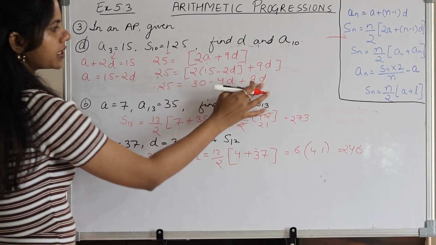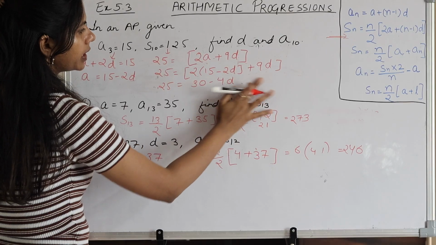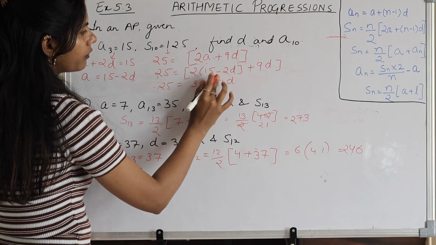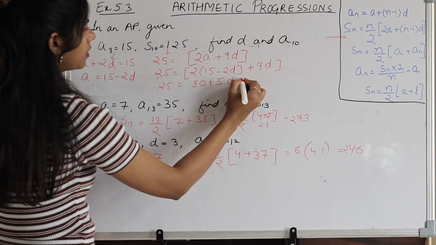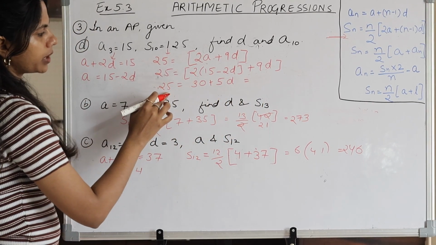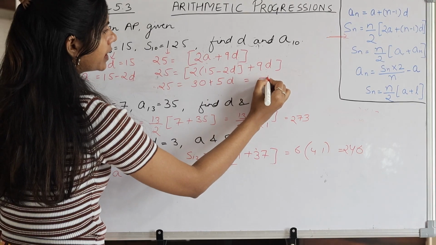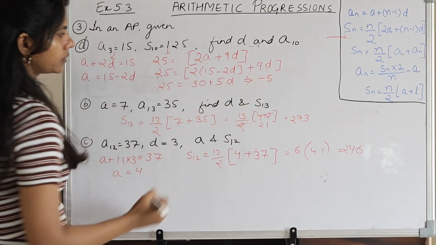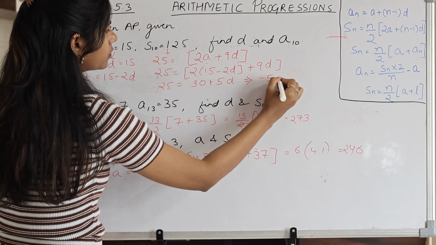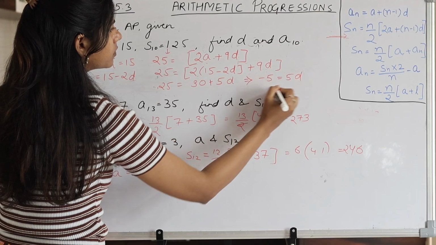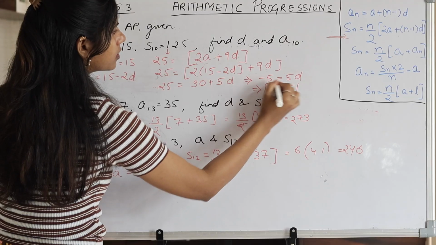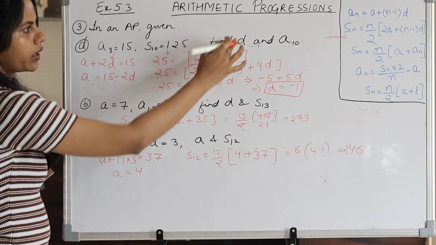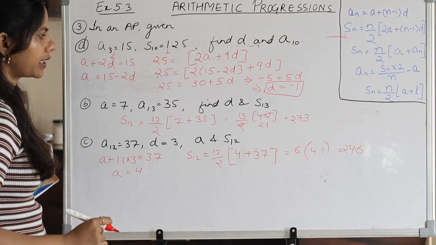Now minus 4d plus 9d will be plus 5d. Now 30 will go in minus here, so minus 5 equal to 5d. So d is minus 1. One of the values we have already found out.